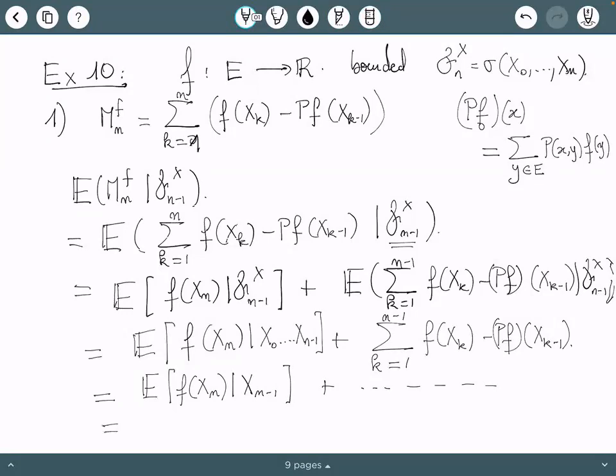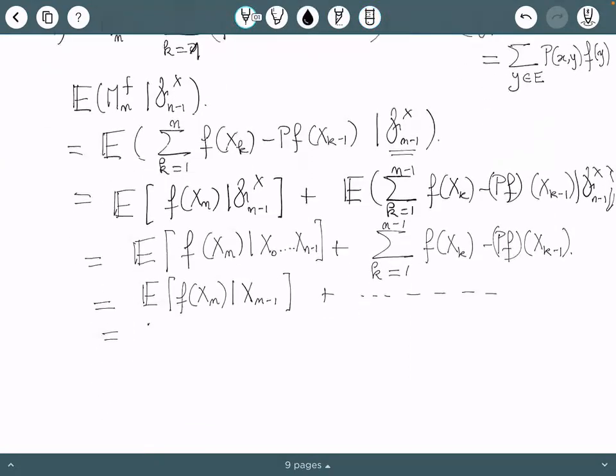And now this one, you can write it like the sum over y in E of the expectation of f of xn given xn minus 1. Now you have just to use the Markov property. By Markov property, this is exactly equal to Pf of xn minus 1, sorry.